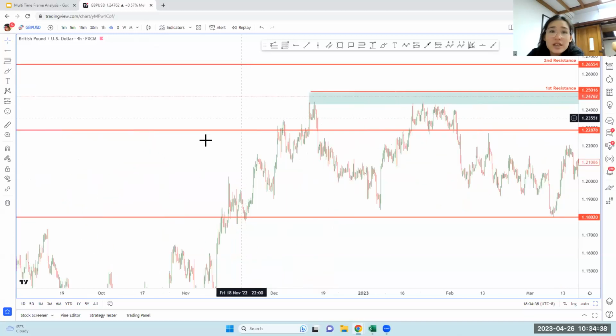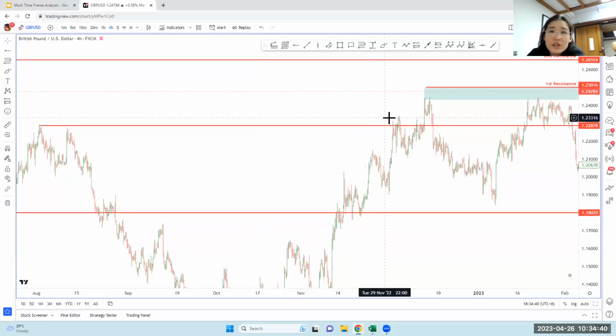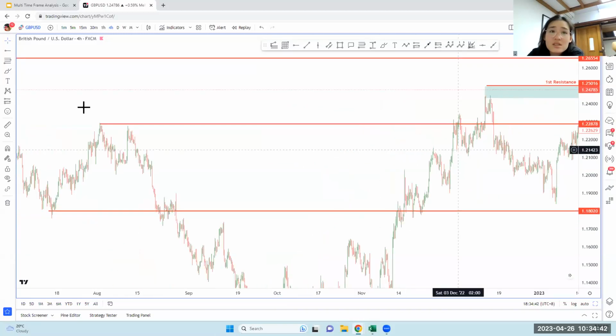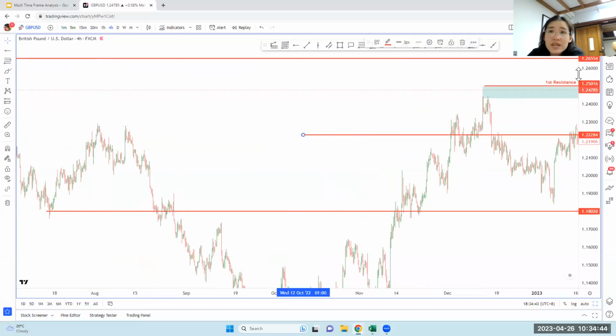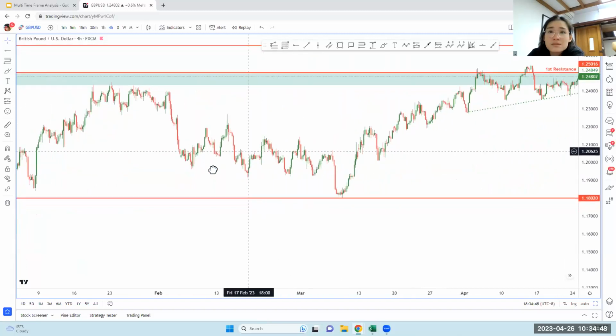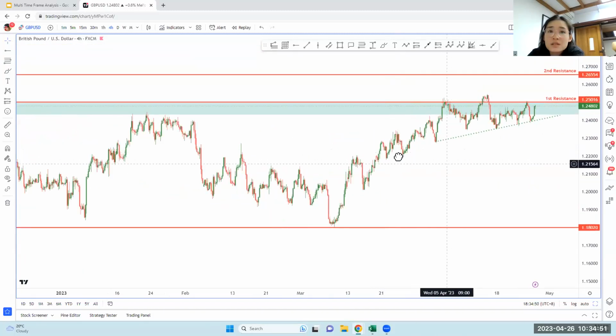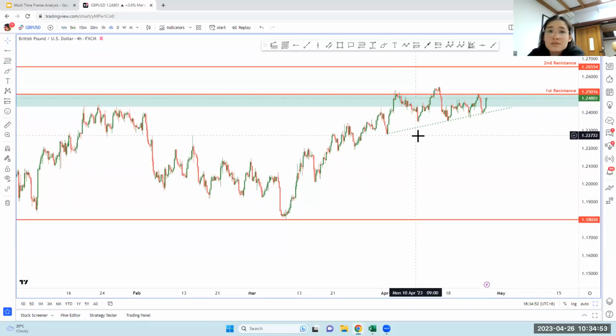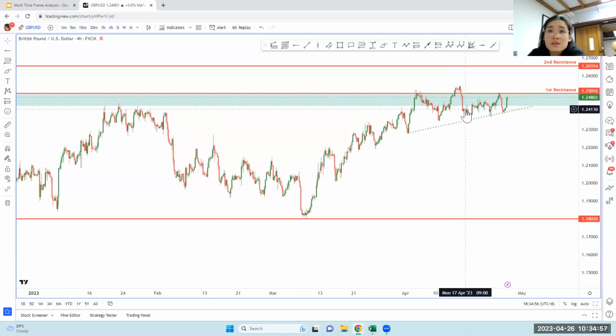Earlier we mentioned that you should avoid cutting so many bodies of candlesticks. So I'm going to go ahead and get rid of that. Okay, and I have a support level over here.